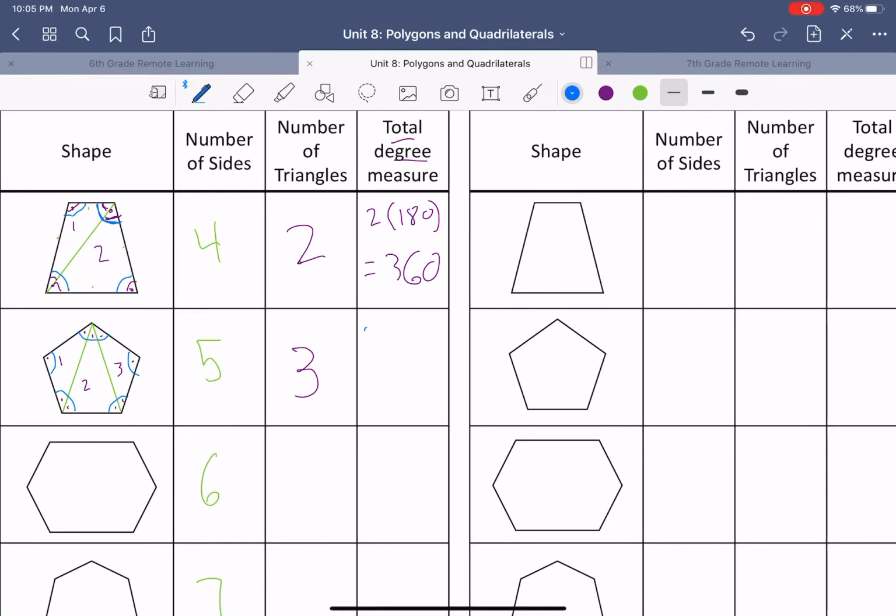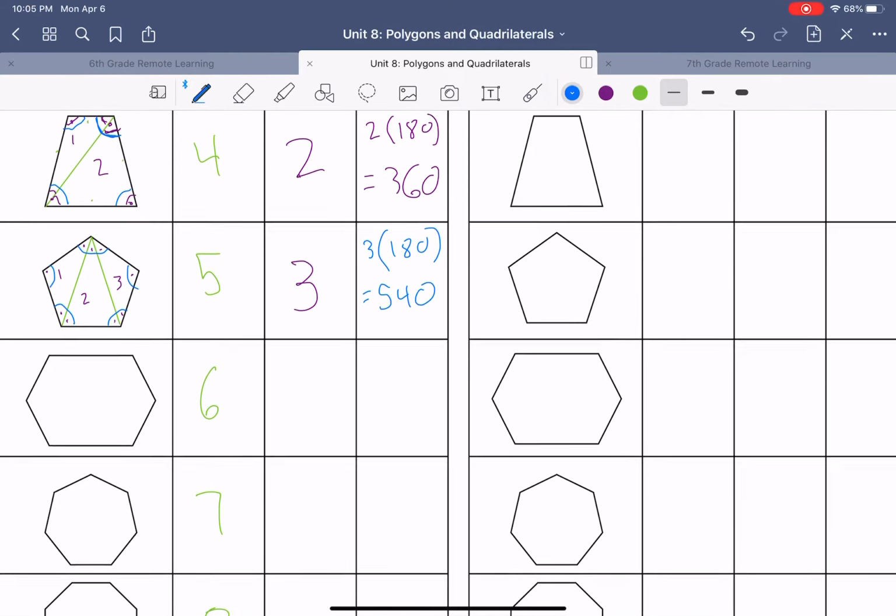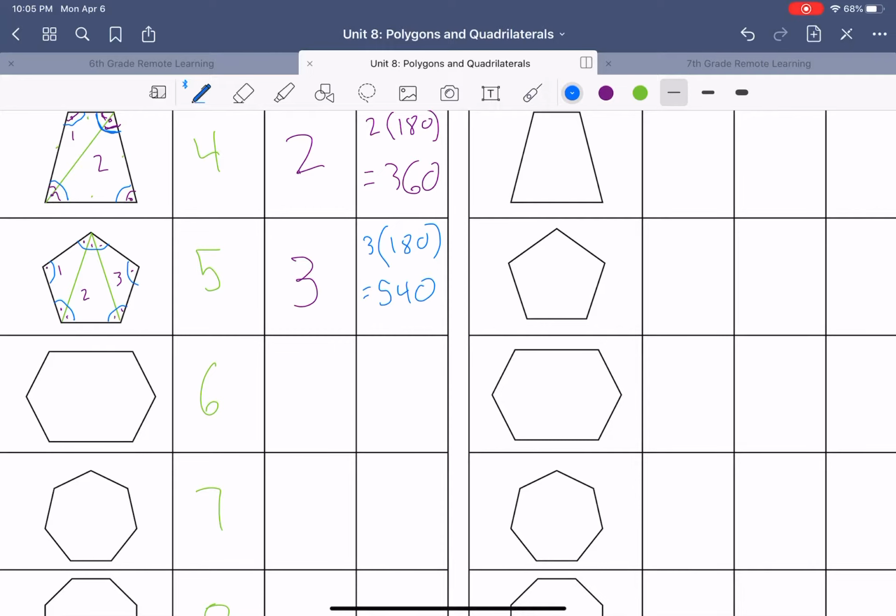So now I have 3 times 180, and that's going to give me 540. Okay, work on my next one.